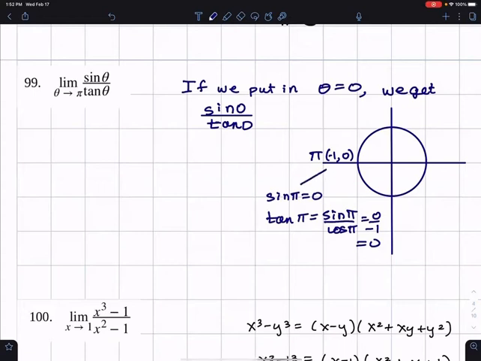And so because it's an indeterminate form of 0 over 0, what I want to do is simplify somehow and cancel.